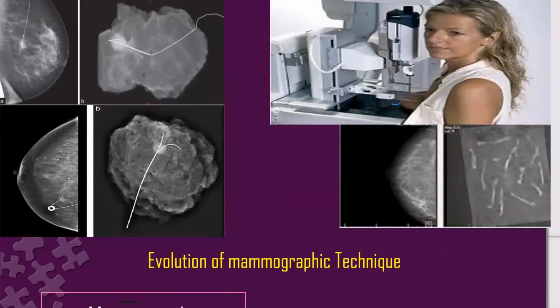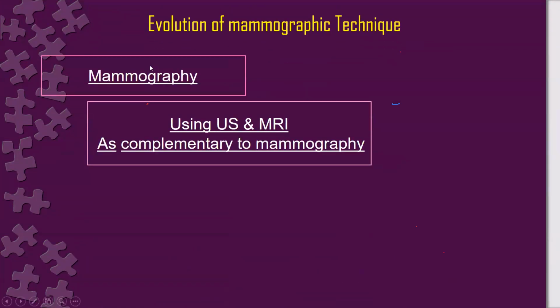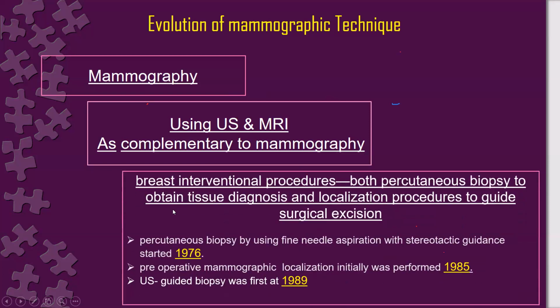So in the evolution of mammography, after using ultrasound and MRI as complementary to mammography, in 1967 they introduced fine needle aspiration with stereotactic guidance, and preoperative mammographic localization was initially performed in 1985 before starting to use ultrasound as guidance for biopsy.